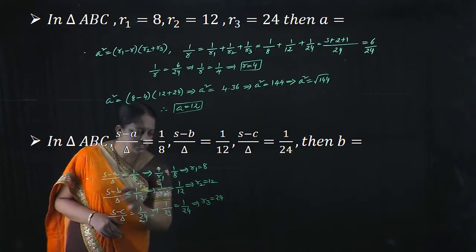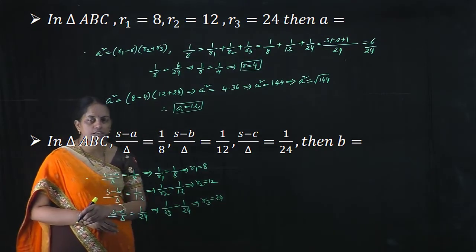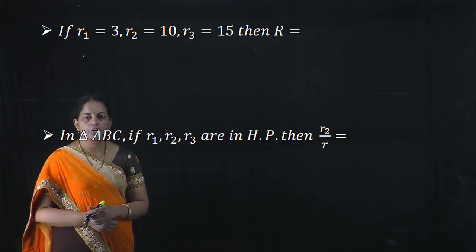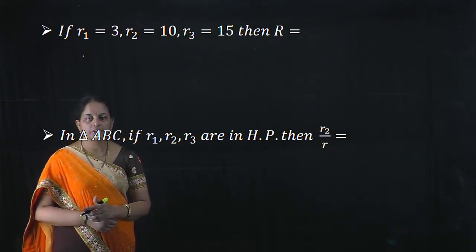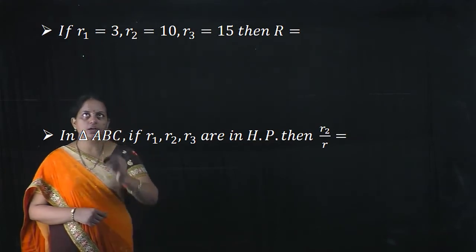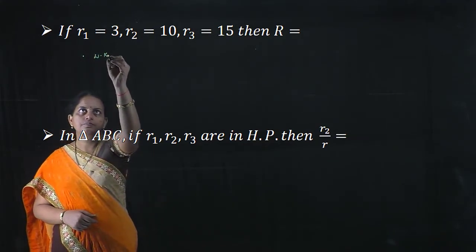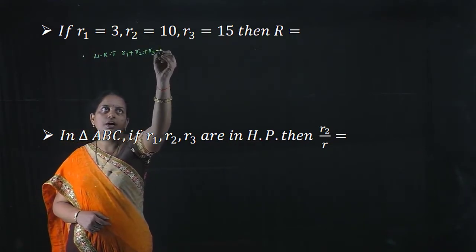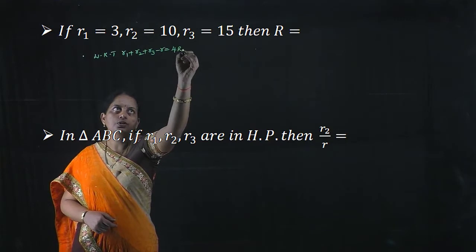As in the same question, the next one is: if r1 equal to 3, r2 equal to 10 and r3 equal to 15, then what is the value of capital R? We know that r1 plus r2 plus r3 minus r is equal to 4R.